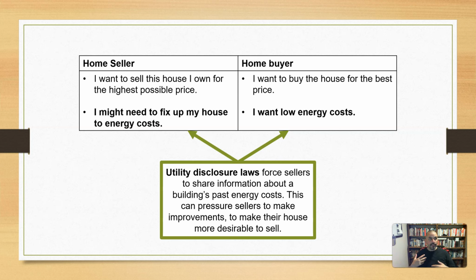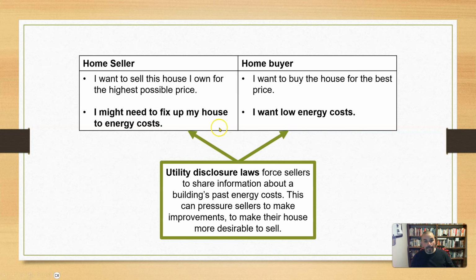So this gives the home buyer more information, and they may decide, if the house uses a lot of electricity, maybe it's not very well insulated and air conditioning costs are just too high, that they're not going to buy that house, or they may expect a lower price so that they can make those investments themselves.